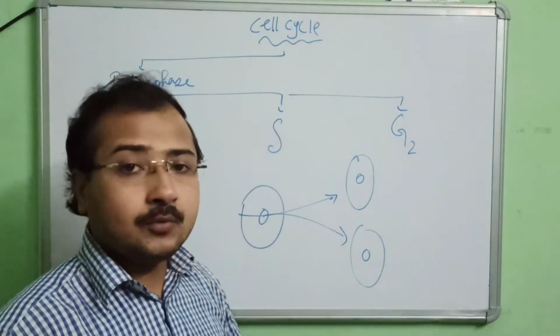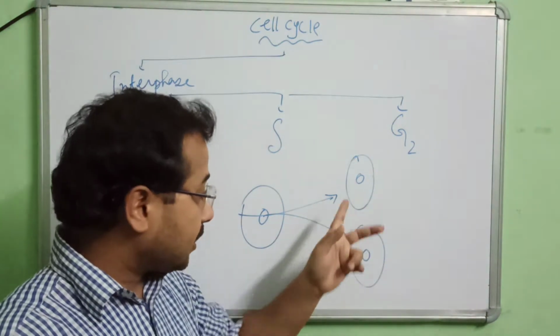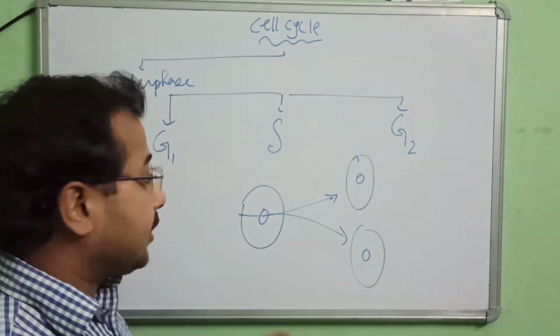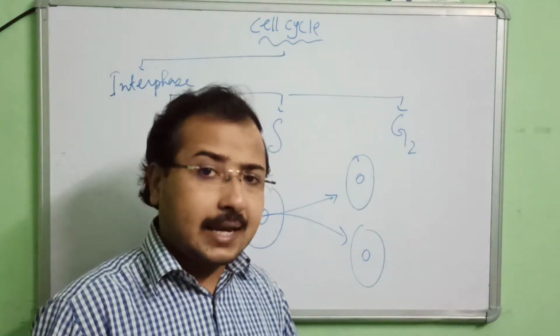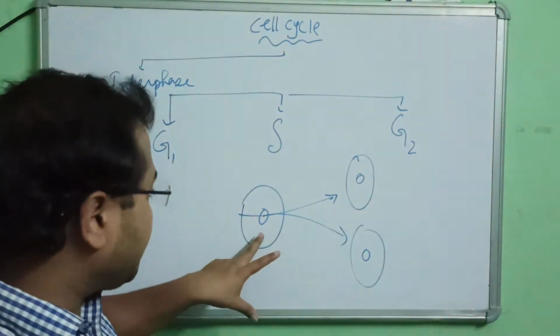Now see, the newly formed daughter cells each carry one nucleus, and also all the cell organelles which were present in the parent.